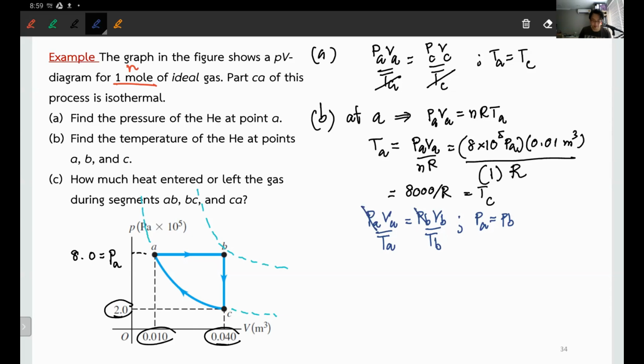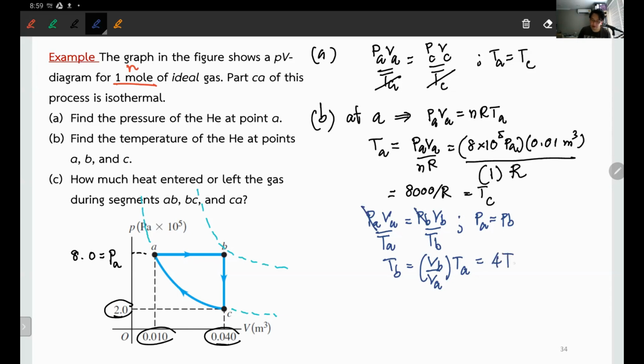But now you can see that going from A to B, you increase the volume by 4 times, from 0.01 to 0.04. So the temperature has to go up 4 times as well. You guys with me, yeah? So the temperature at B is going to be, for clarity, V sub B over V sub A times T sub A. But the volume at B divided by volume at A is 4.